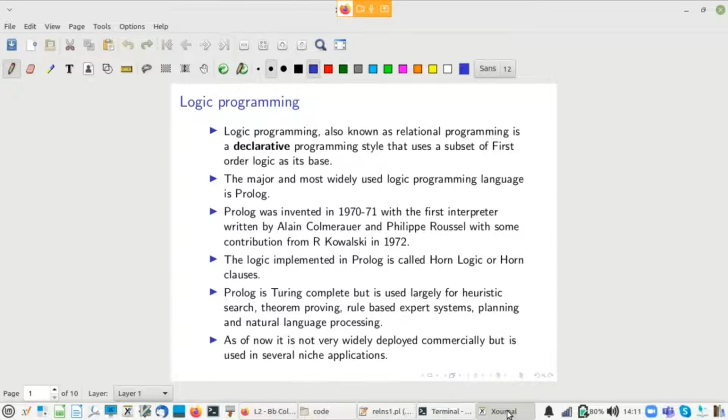In contrast, logic programming is declarative. When we say something is declarative, what we mean is we are going to state facts about the world, right? We are going to state facts and rules about the world. We are not going to say do this, then do that, then after that do something else, and so on.